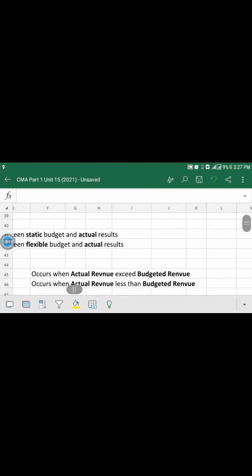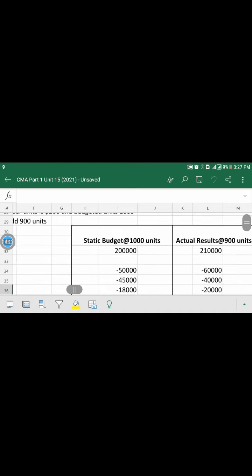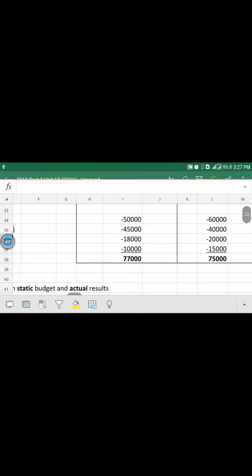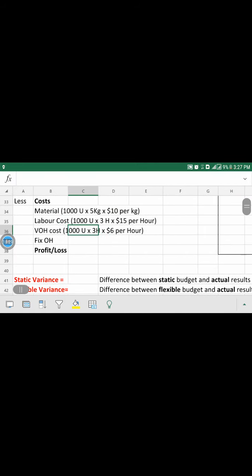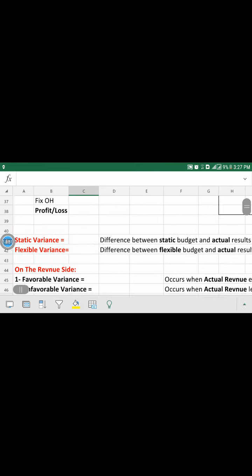If you are talking about the revenue side, it is favorable when the actual revenue is greater than the budgeted one, and unfavorable when the actual revenue is less than the budgeted revenue.